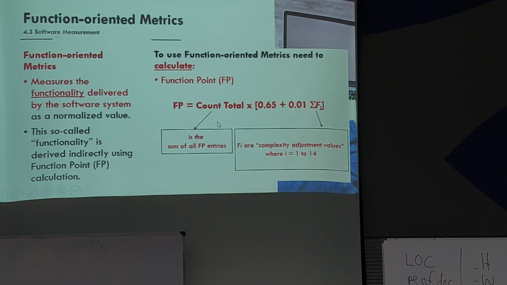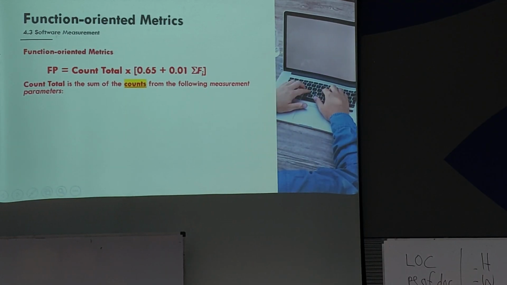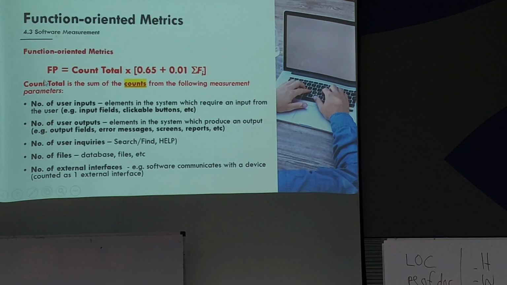For count total, you sum up all the function point entries. So function point is count total multiplied by 0.65 plus 0.01 summation Fi. This is how you get the function point.